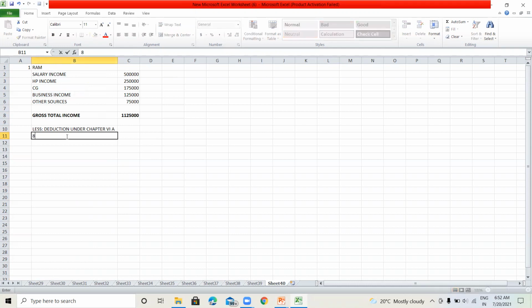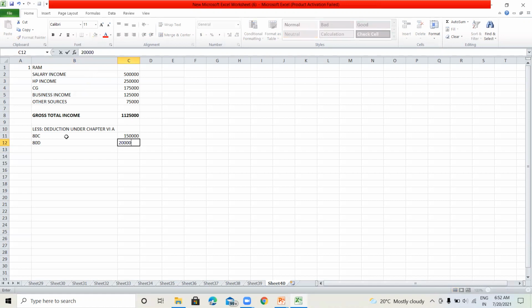Just like 80C, 1,50,000. Just like LIC payment, PF payment, post office deposit, mutual fund. These are covered under section 80C. 80D, any medical insurance premium, medical insurance, health checkup.